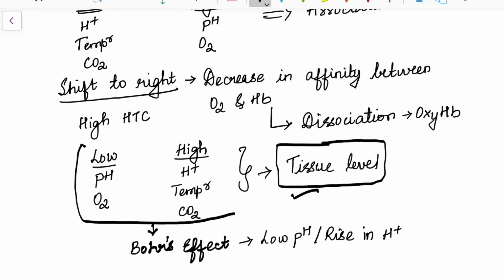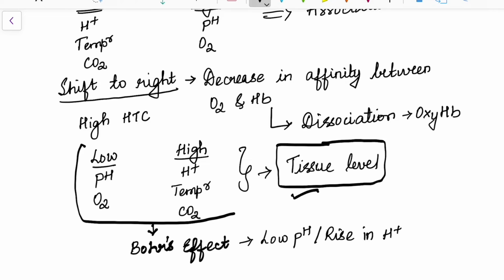Now, what exactly is this Bohr's effect? If you can see over here on the screen, I have mentioned, if at all there is low pH or rise in H plus concentration, that is basically happening where? At the tissue level, these two major conditions are going to act favorable for the dissociation of oxygen from oxyhemoglobin.